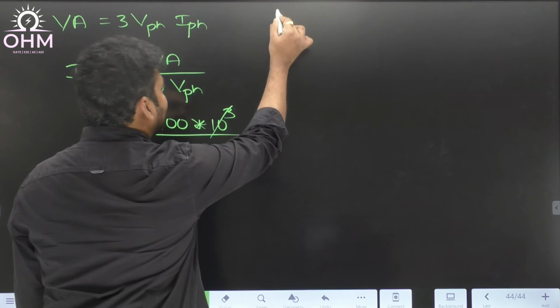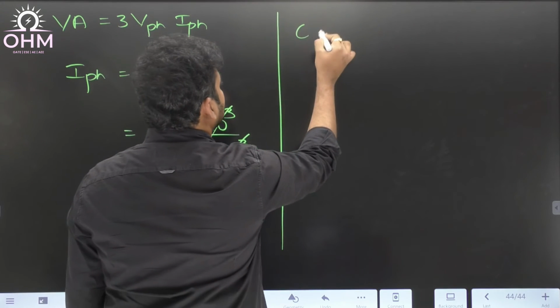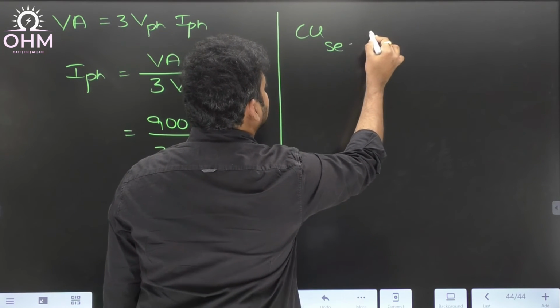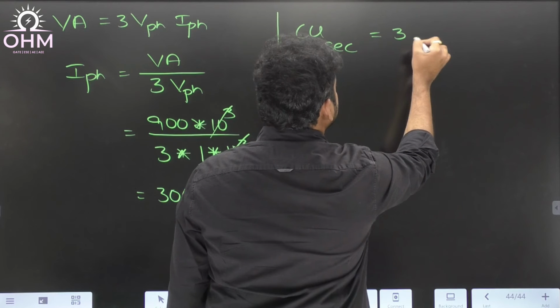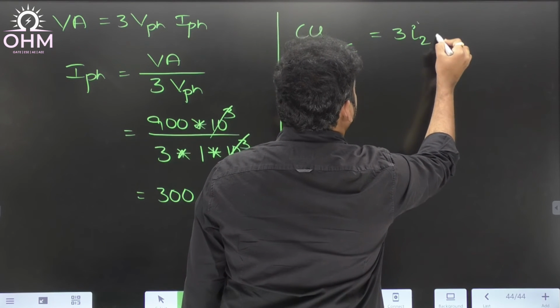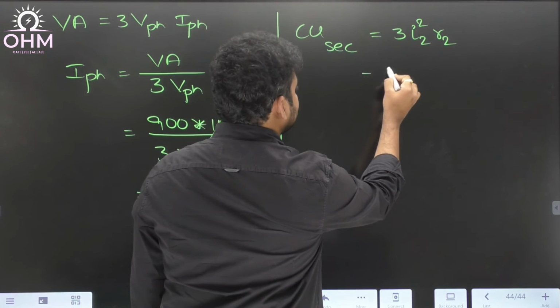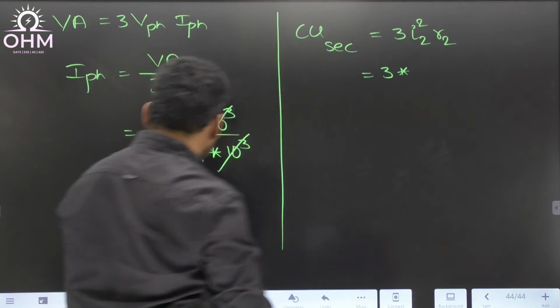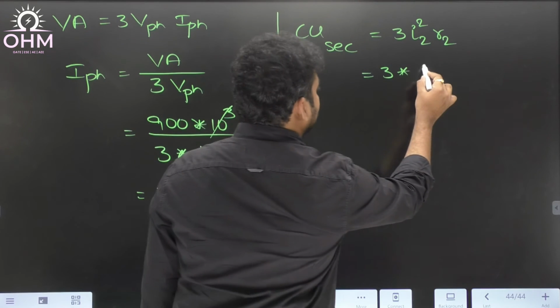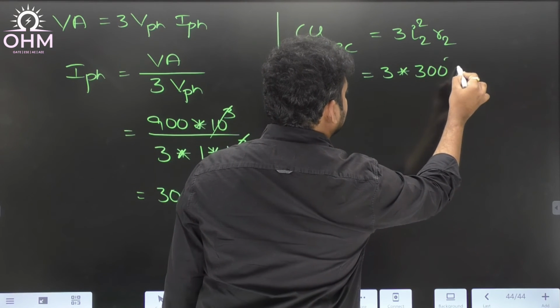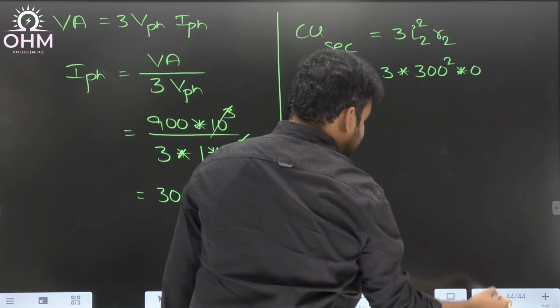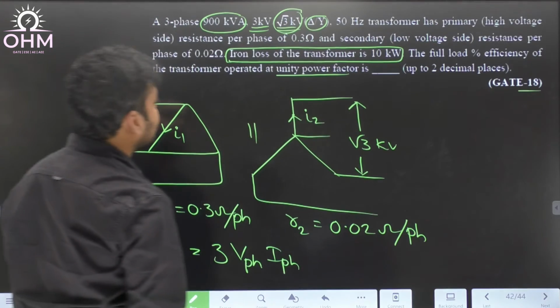Then find out the copper loss in the secondary. Copper loss in the secondary is equal to 3 I2 square into R2. So 3, what is I2, the secondary side phase current? 300 square into, what is the resistance on the secondary side? I forgot.